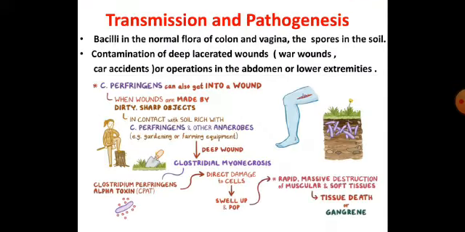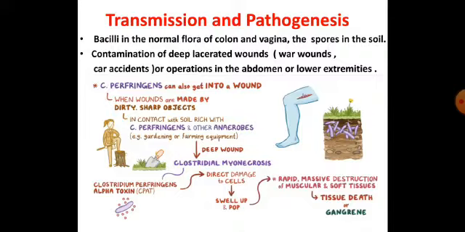This gangrene is a very bad condition. It begins with deep lacerated wounds, car accident or war wounds, or sometimes operations in the abdomen and lower extremities that are contaminated with the spores. When the spores enter inside the body, they germinate to produce the powerful alpha-toxin.